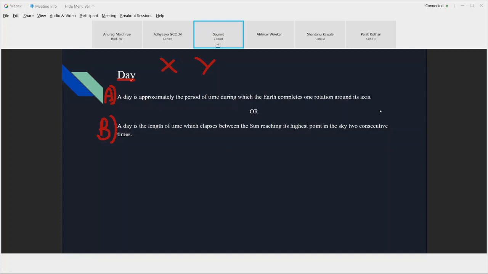There's A and there's B. Okay, I see many people answering A. I can see a majority of the people are answering A. So I'll just close the poll.